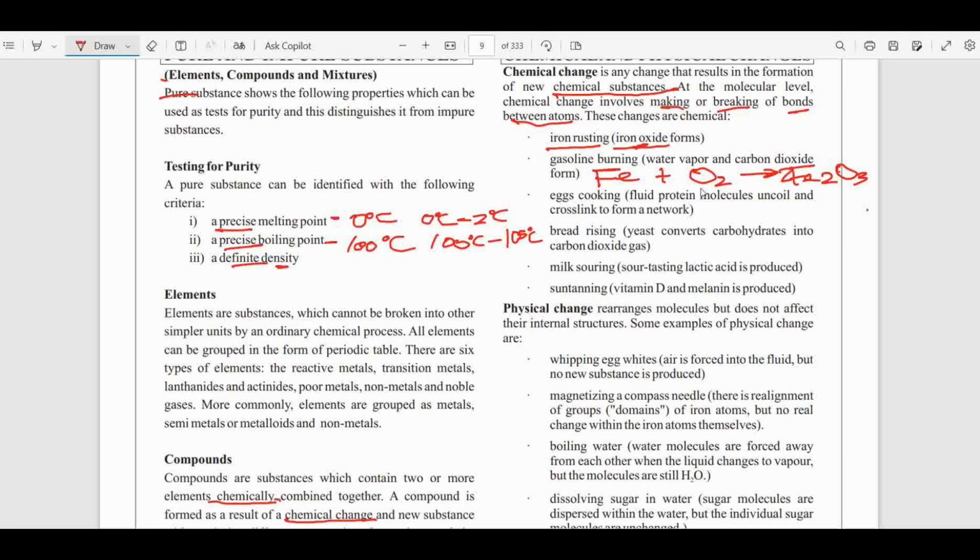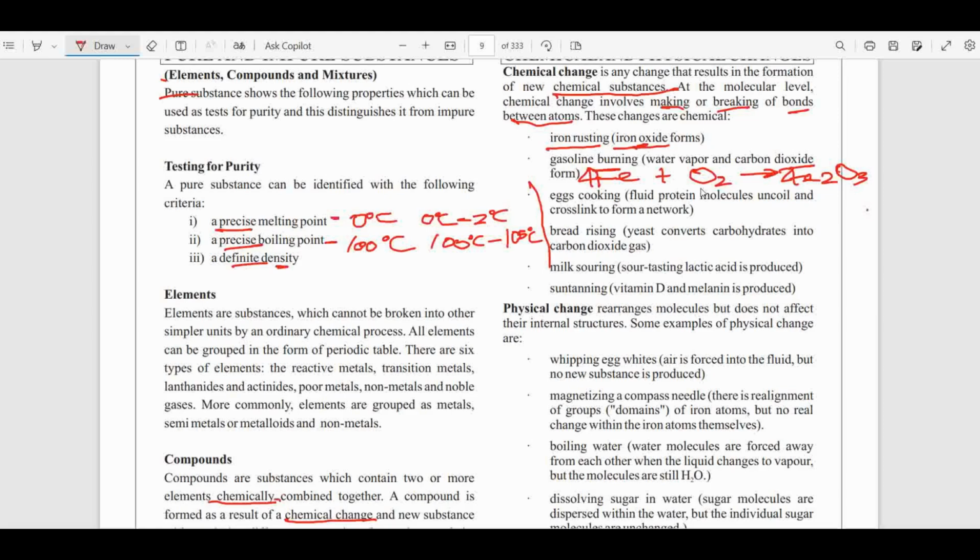And you have this as 4. So that is a chemical change because a new compound has been formed. And the same applies to other examples that are listed here.